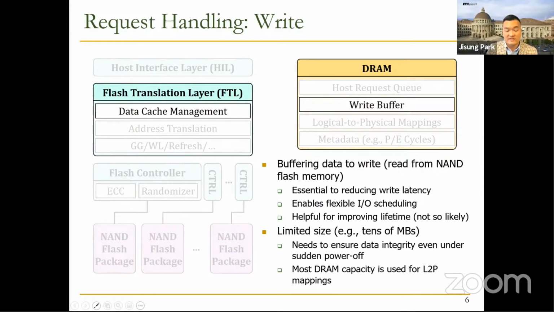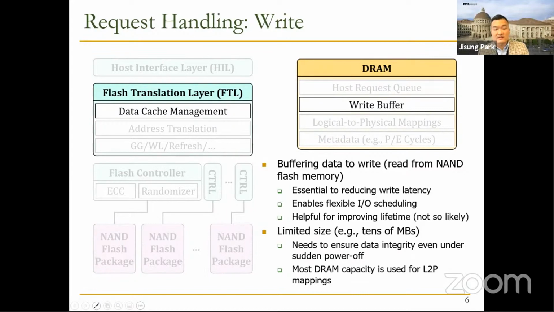In fact, some studies assume a large DRAM cache inside an SSD without proper justification, but in practice, the DRAM capacity is somewhat limited to, let's say, several tens of megabytes. This is because when a sudden power-off occurs, the SSD must be able to flush all dirty data into NAND flash memory to ensure data integrity, right?